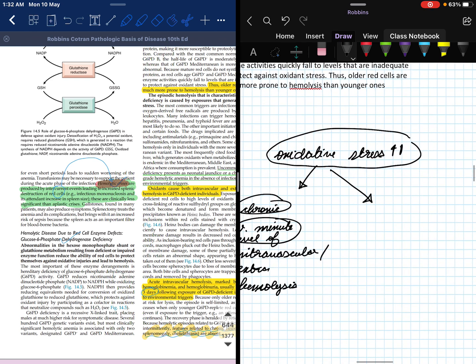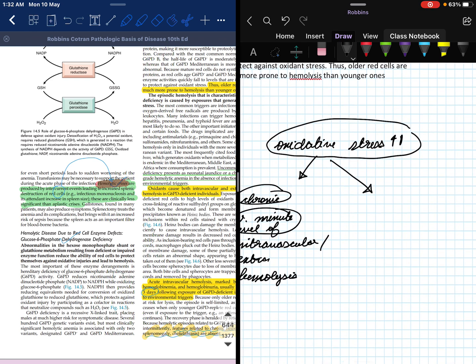in cases of high oxidative stress. What are those cases?